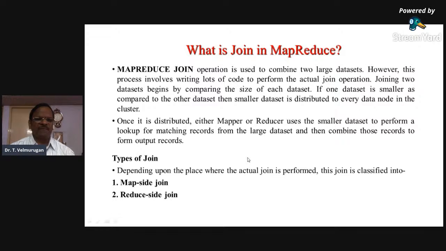These join operations are done in a distributed manner. Either the mapper or the reducer uses the smaller data set to perform a lookup for matching records from the large data set and combines those records to form output records. There are two join operations: map side join and reduce side join.